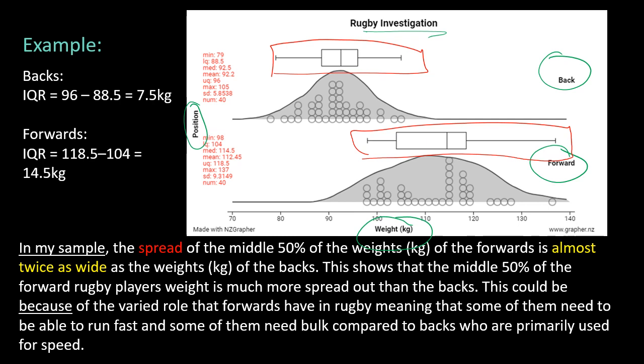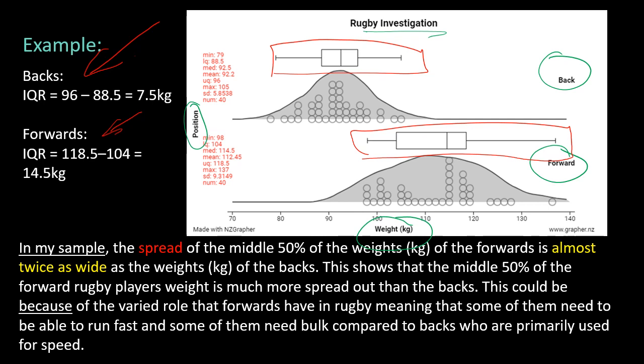If we want merit though, we have to actually give the values that are there, right? So over on the left, the interquartile range for the backs has been listed, the interquartile range for the forwards has been listed, and we can see that backs are quite a bit lighter in general than the forwards, okay?